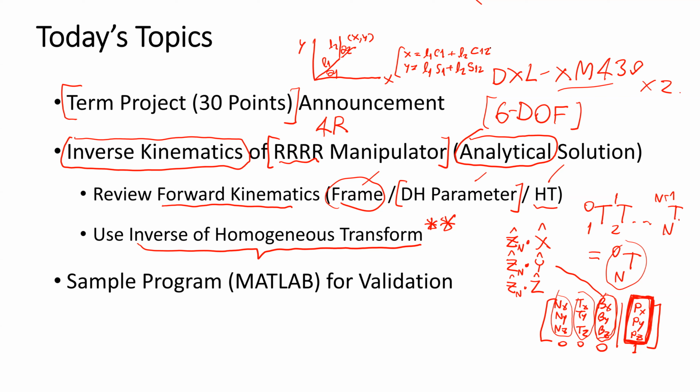And you can just try to solve this set of equations in order to get theta 1, theta 2, so that we can obtain the px and py position as we want.